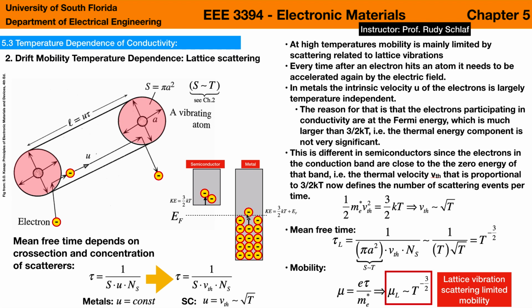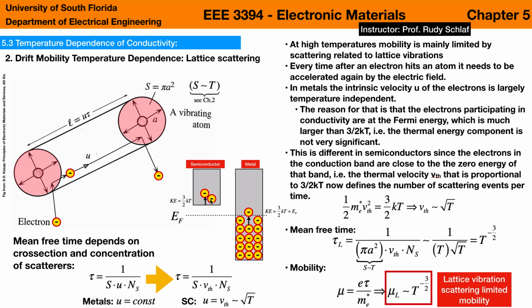So in practical terms, this means the velocity of metal electrons is just higher than the velocity of semiconductor electrons, because in metals the electrons already have this chunk of energy because they are at the Fermi energy.